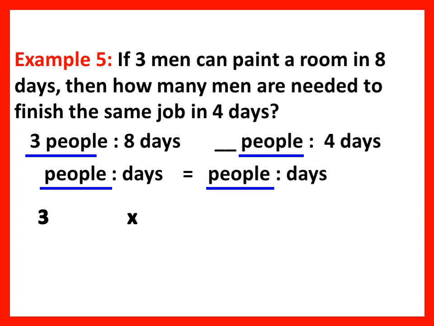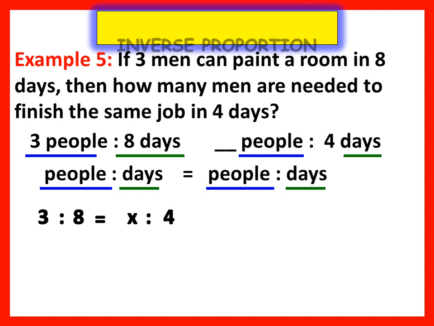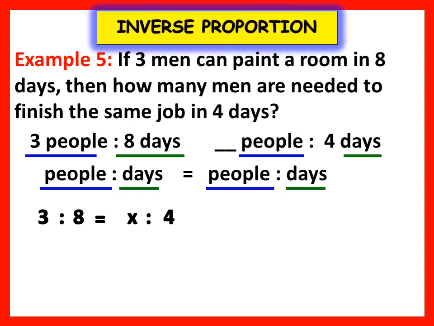We expect that x will be higher than 3, so that is increasing. But for the number of days, 8 becomes 4, that is decreasing. So we have increasing for the first variable and decreasing for the second variable. Therefore, this is an inverse proportion.